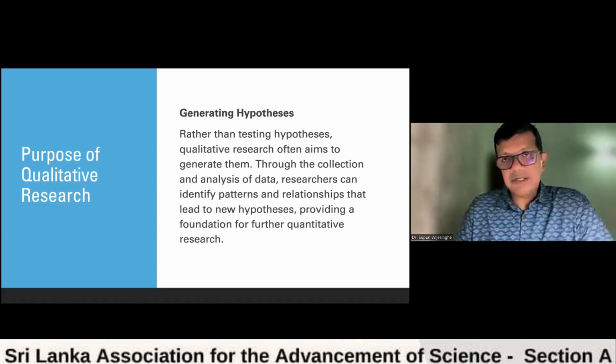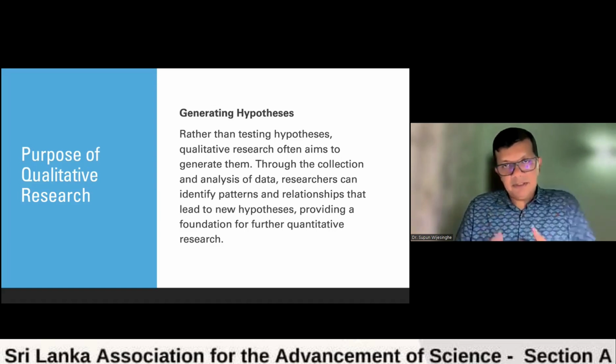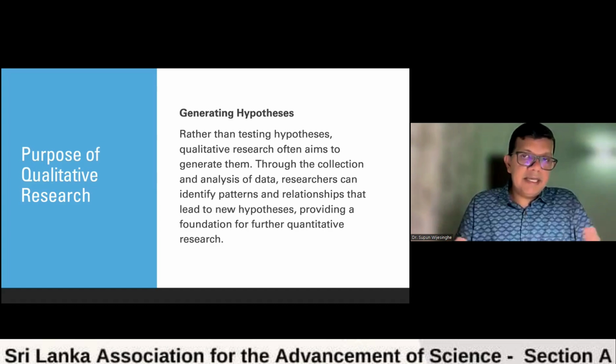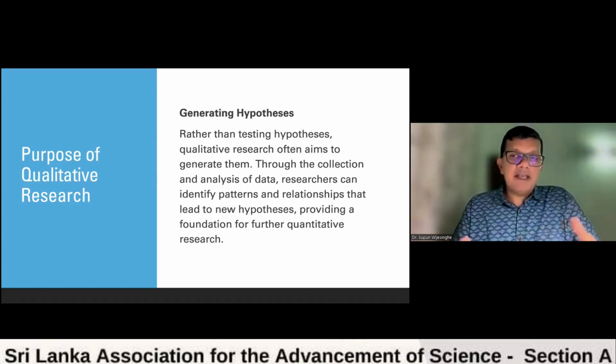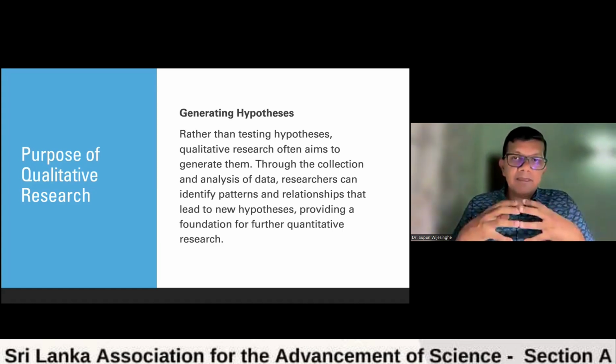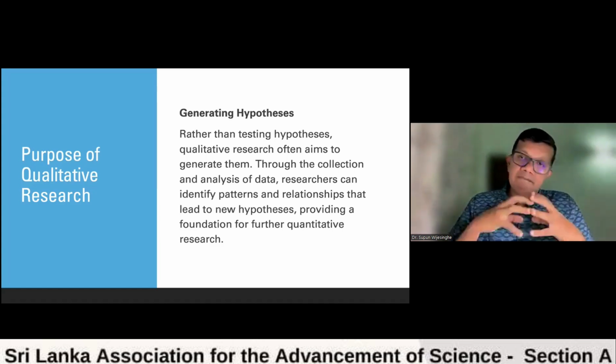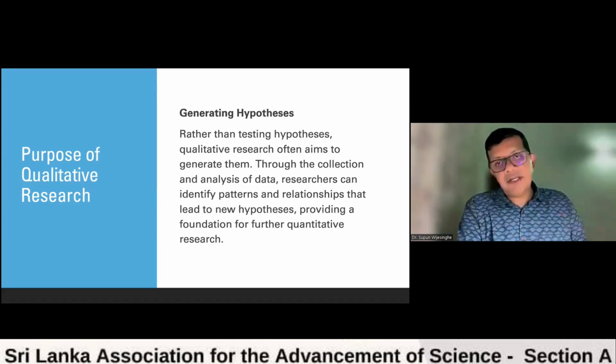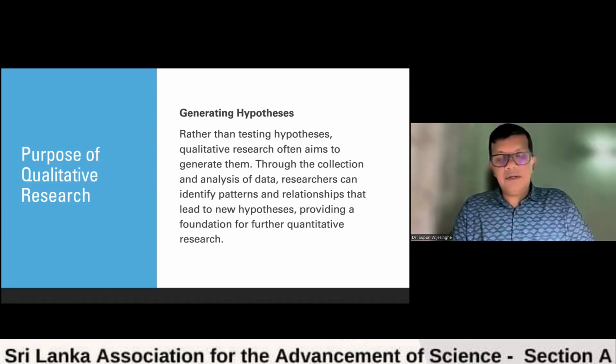So you want to generate this hypothesis, test this hypothesis using sort of a quantitative approach. Prior to that, you need to generate certain data regarding how and why, sort of theories behind it. So testing a hypothesis is more likely towards quantitative research, but generating a hypothesis is more towards the qualitative arena.